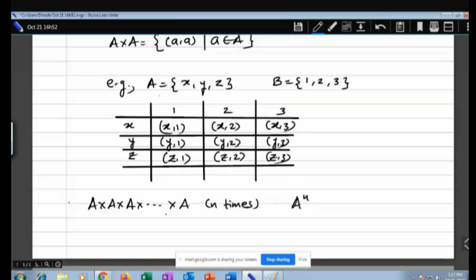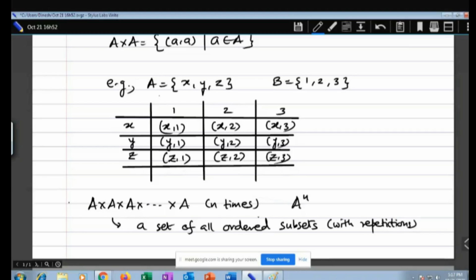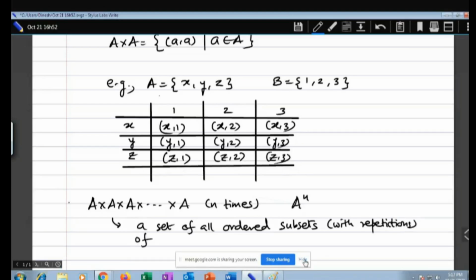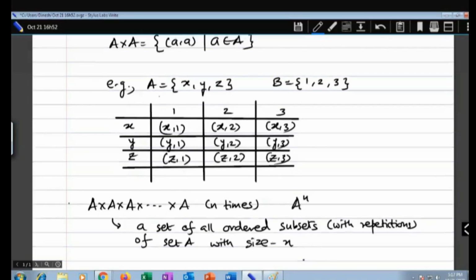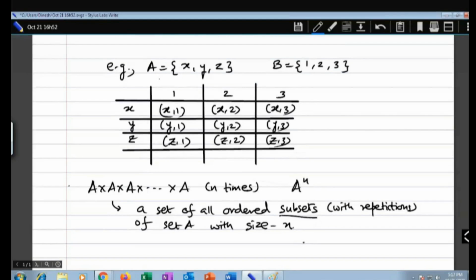This will be the set of all ordered subsets of set A, with repetitions allowed, with size n. So the size of the ordered subset is n. That's why this is the n-times cross product.